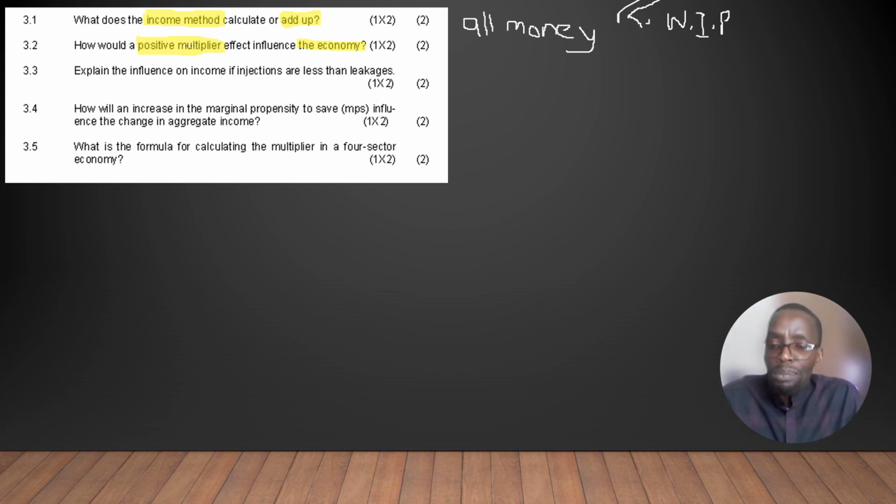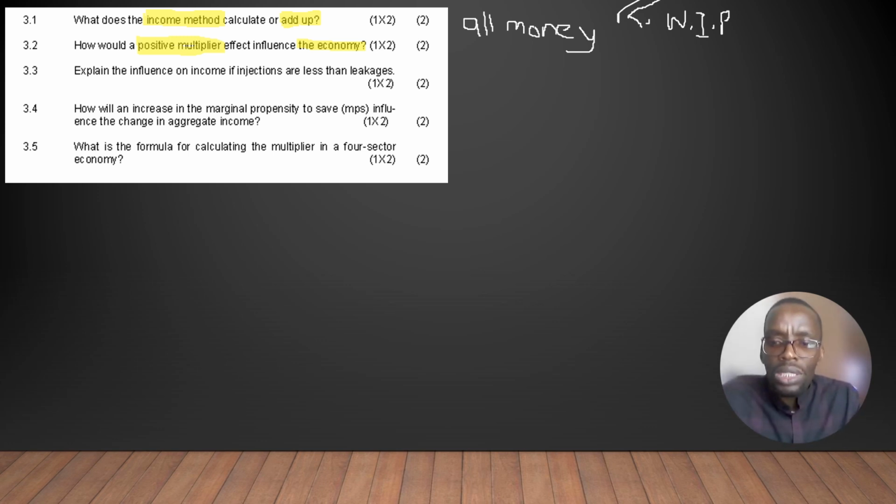And if firms employ more factors of production from households, then more income is going to be earned by the households. And if there's more production, there would be higher levels of economic growth, or an increase in real GDP. So you could have given me any one of the four that I have indicated just now.